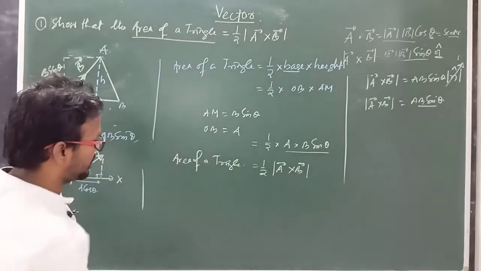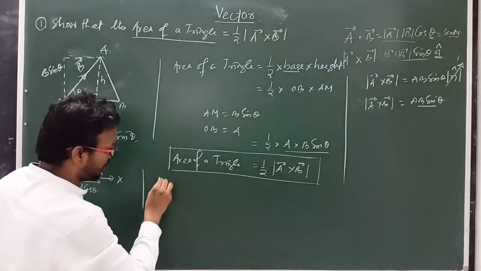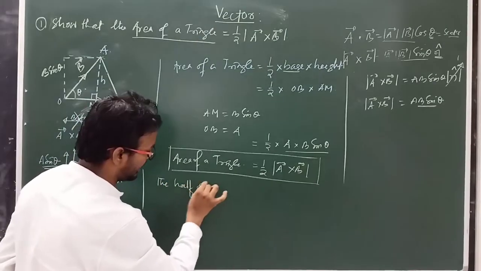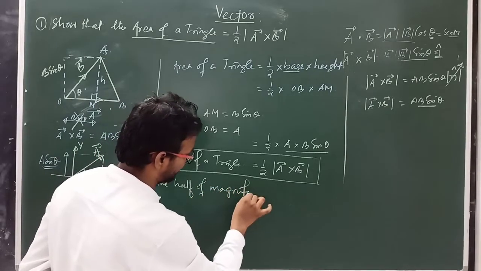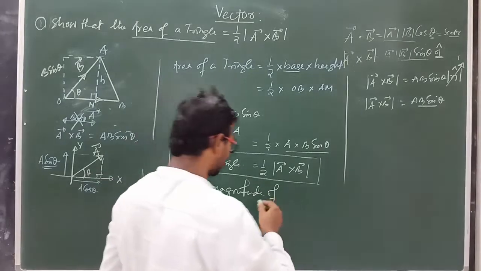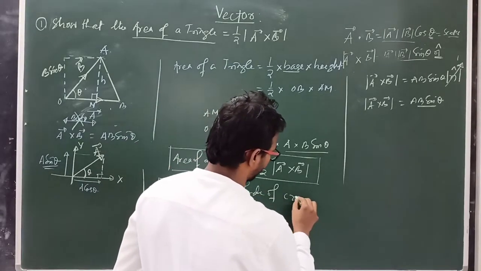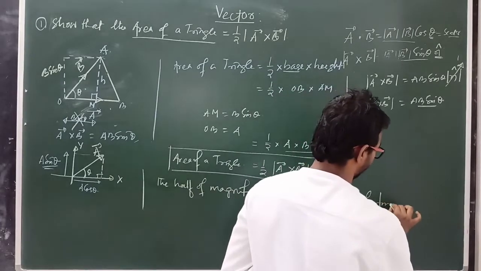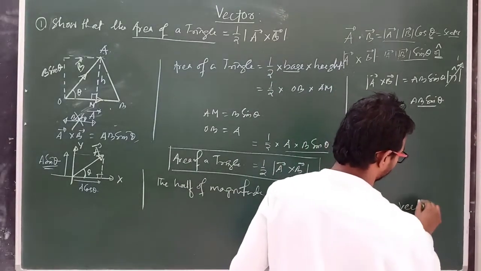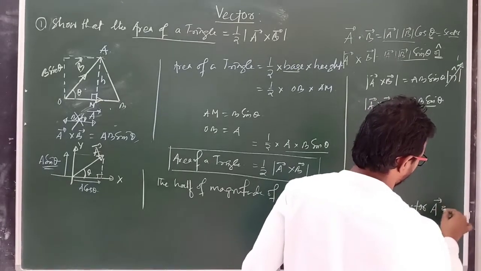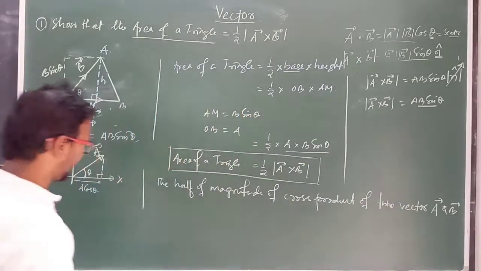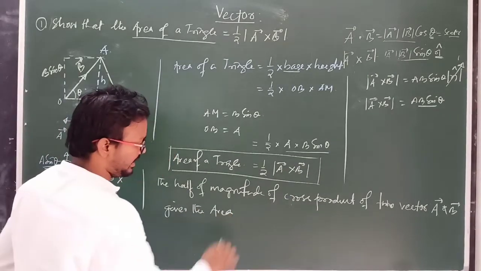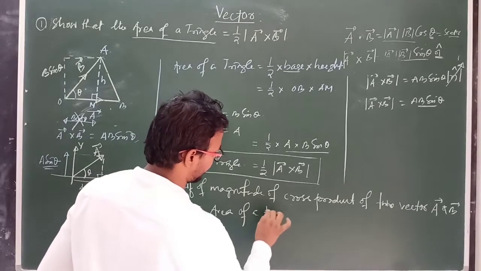So from this relation we conclude that half of the magnitude of the cross product of two vectors, here A vector and another B vector, gives the area of a triangle.